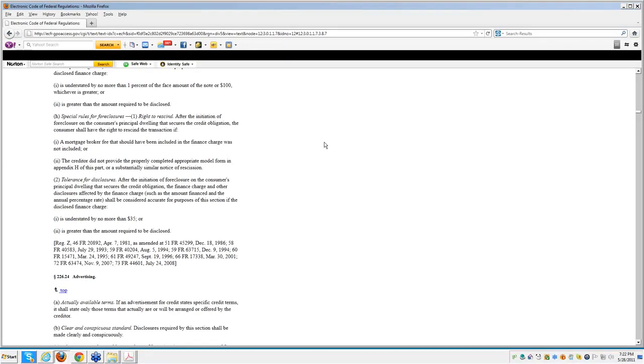After the initiation of foreclosure on the consumer's principal dwelling that secures the credit obligation, the consumer shall have the right to rescind the transaction if: (i) a mortgage broker fee that should have been included in the finance charge was not included, or (ii) the creditor did not provide the properly completed appropriate model form from appendix H of this part, or a substantially similar notice of rescission.